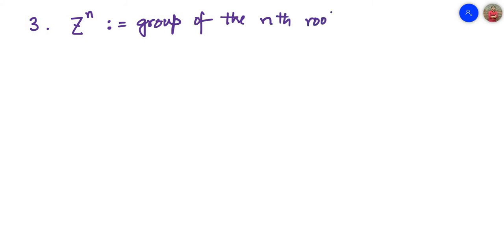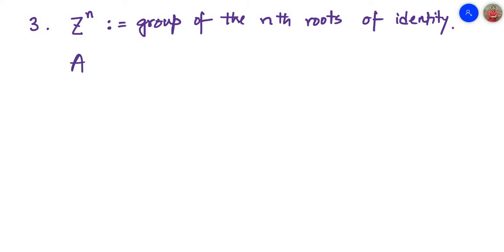We can also define the following group, which is Zn, but this time n is a superscript, whereas in the previous example we wrote n as a subscript. This is the group of the nth roots of identity, or simply the nth roots of 1, and together they produce a group.